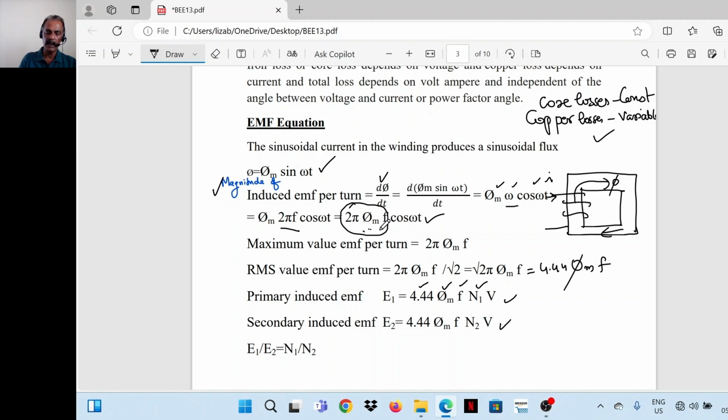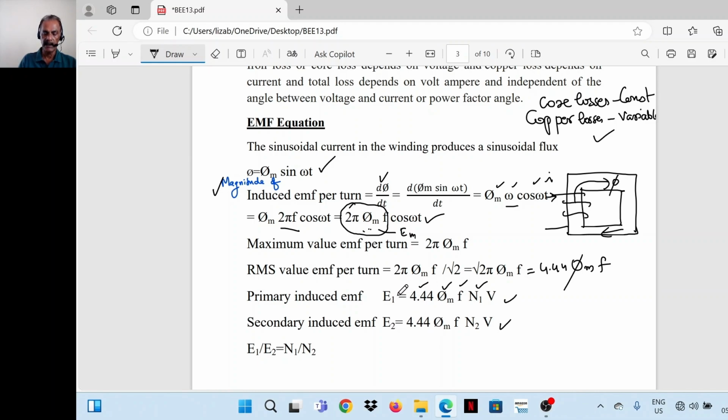So it is Em cos omega t, where Em is 2 pi f phi m, the maximum value. The RMS value is the maximum value divided by root 2, so you get 4.44 f phi m, the RMS value of EMF per turn. Multiplying it with the number of turns in the primary and secondary windings, you get the primary induced EMF as well as the secondary induced EMF.